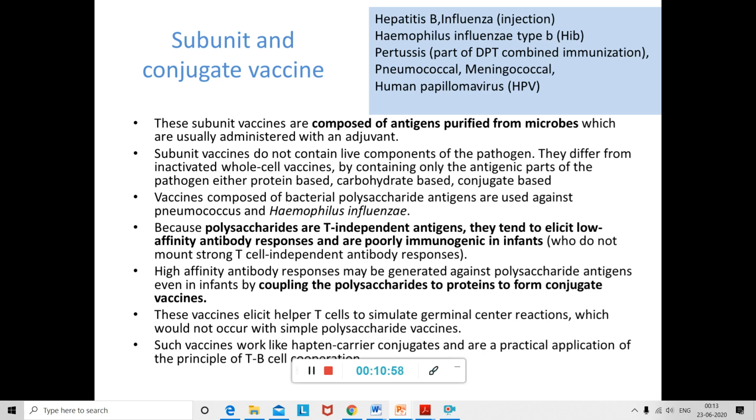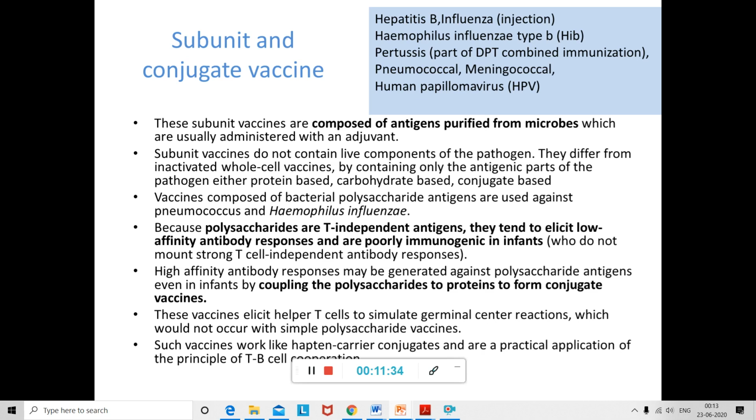Okay, and these vaccines will help to elicit the helper T cells to stimulate the germinal center reactions, and as a result you get a better T and B cell response when you give a conjugate vaccine. So the difference you should remember, in the subunit vaccine you are only taking the antigen. Now it can either be protein or carbohydrate, but to increase its immunogenicity, sometimes it might be combined with some other proteins, so then it becomes a conjugate vaccine.